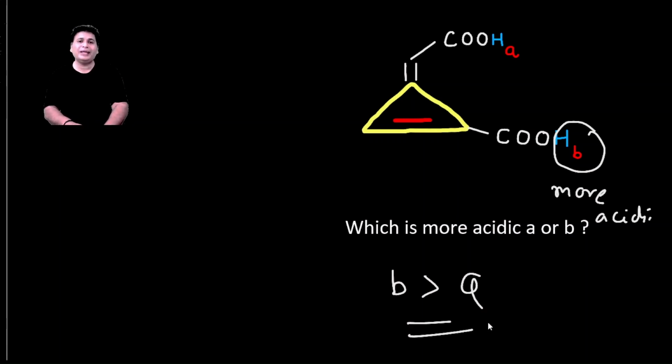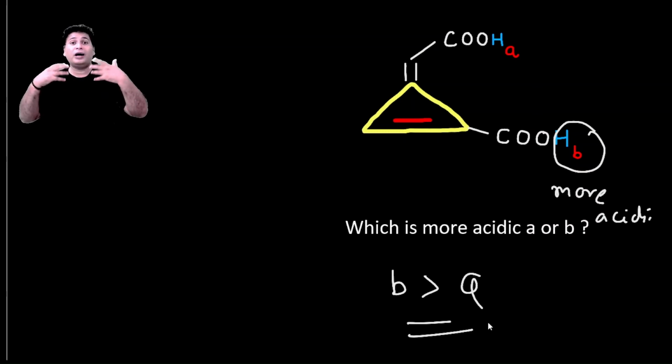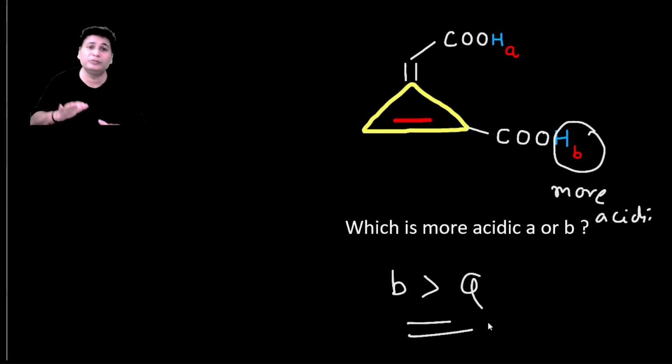So altogether, if you take all the concepts on your fingertips, I first took out the hydrogen, then created the anion, then thought about the stability of the anion, then thought about some resonance possibility.